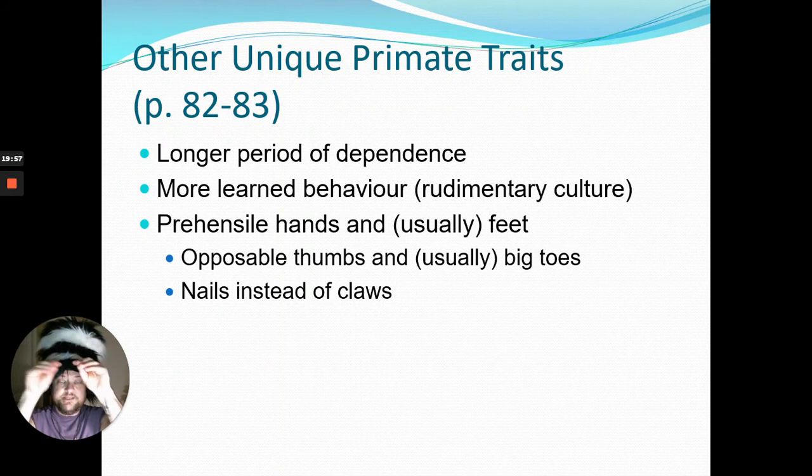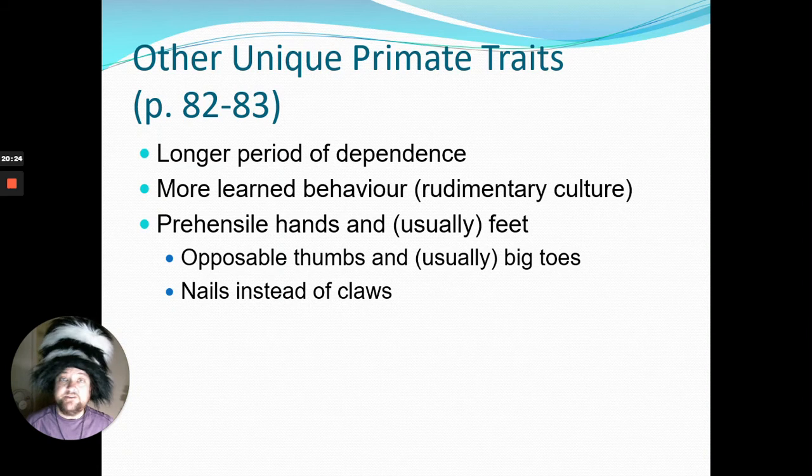So we can do this, and primates who are not human also have opposable big thumbs. We're going to learn when we talk more specifically next week about human evolution that part of standing upright is that our big toe aligned with the other toes. But other primates still have that opposable big toe, which helps them grab things with their feet in the same way that they're able to with their hands.